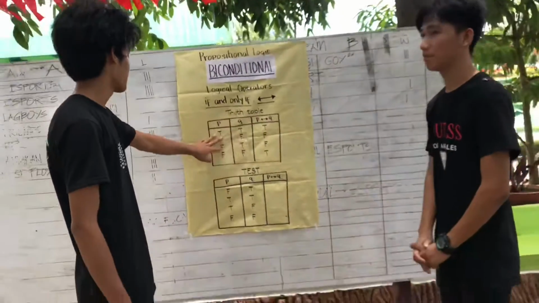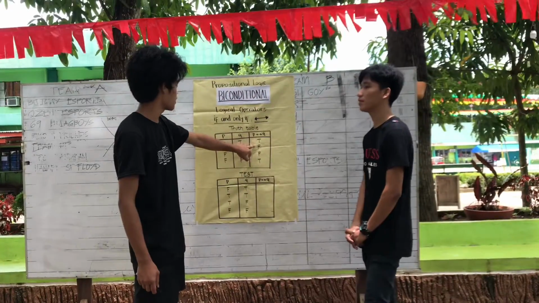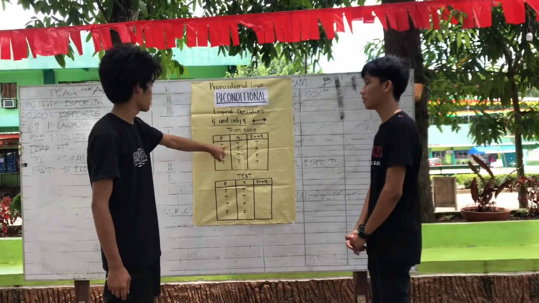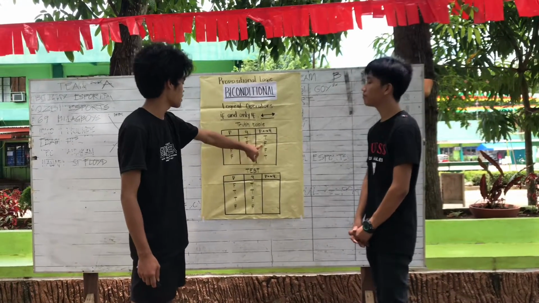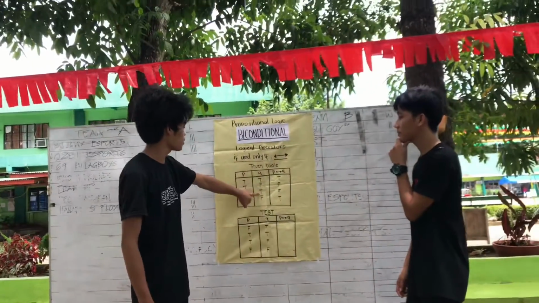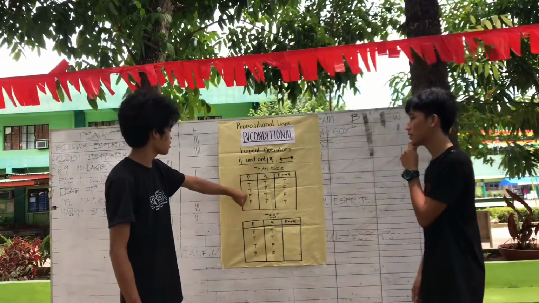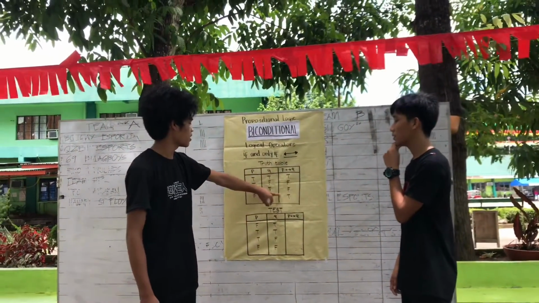Truth table. If P is true and Q is true, biconditional is true. If P is true and Q is false, it is false. If P is false and Q is true, it is false. If P is false and Q is false, it is true.